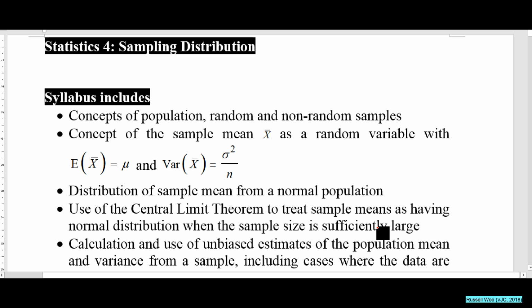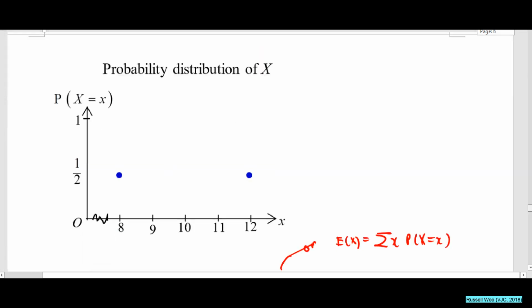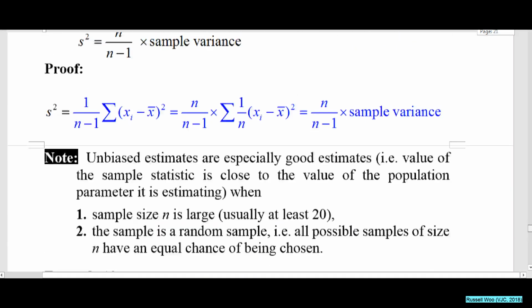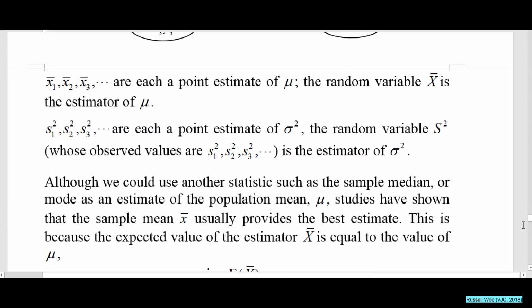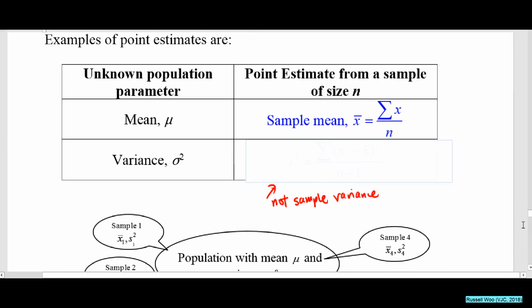It's very interesting, right? Because you think, in order to estimate the population mean, I use sample mean. In order to estimate the population variance, I don't use sample variance. It's very counterintuitive. I think it's perfectly understandable.